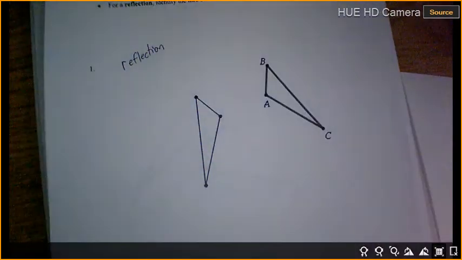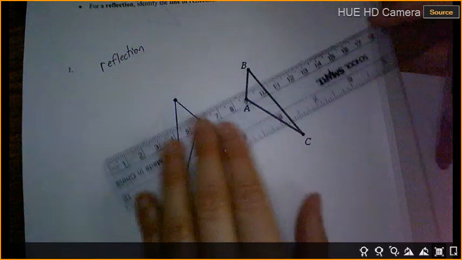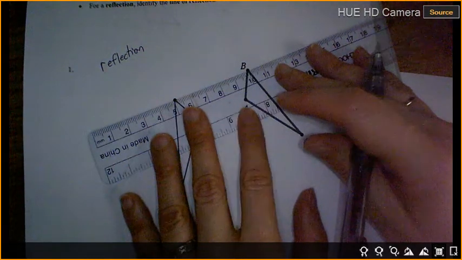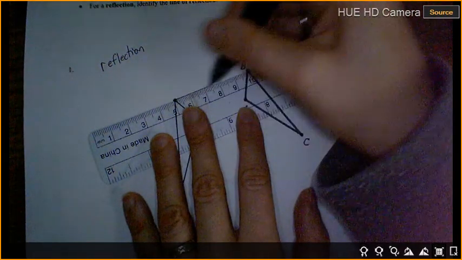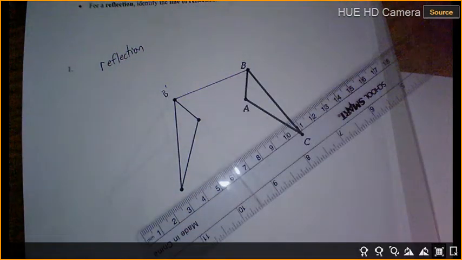So the first thing I'm going to do to figure out where my line of reflection is, I'm going to pull my ruler out. Some of you have a ruler on the end of your protractor. I'm going to draw a straight line between B and what I consider to be B image, right? Do you guys agree that my line of reflection is going to have to go right down the middle of these?